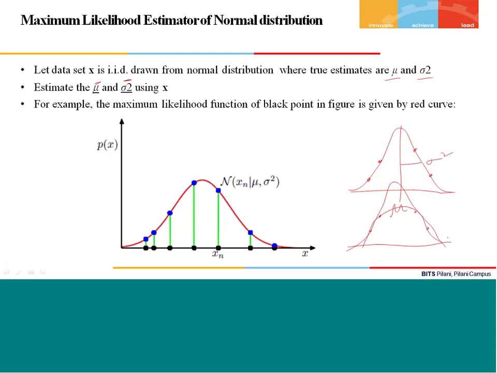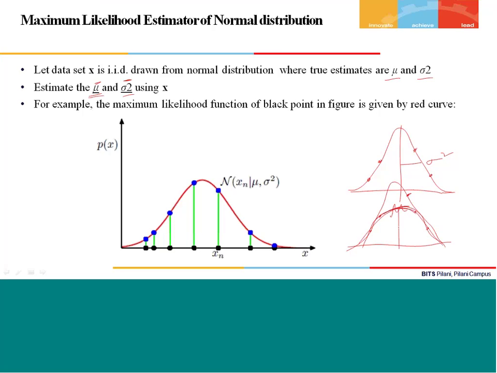We'll use the same technique we used in the previous class, maximum likelihood. Whatever the maximum likelihood estimation gives me, I represent by mu and sigma square. So for example, out of these two, this is the first one and this is the second one. Say this is the most likely one.